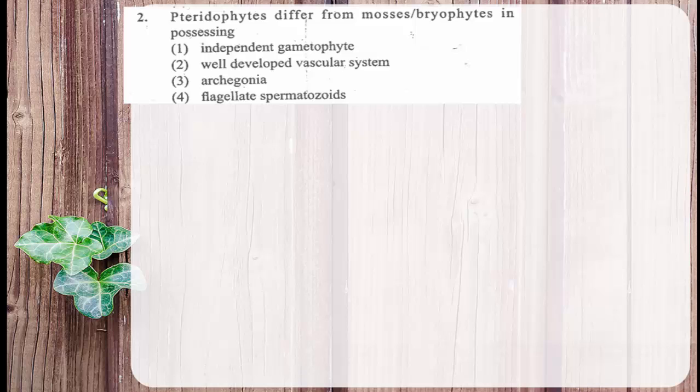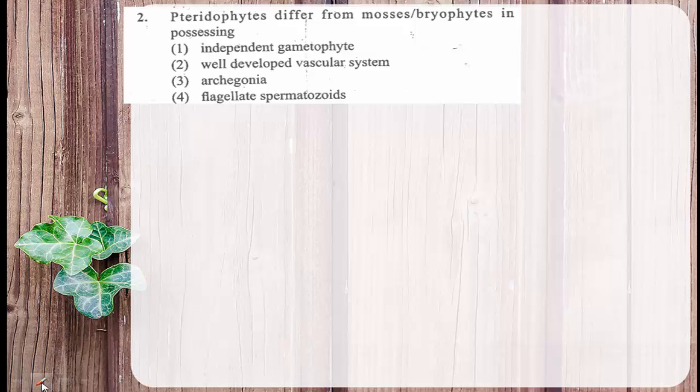See, the pteridophytes are characterized by the presence of vascular tissues. What is that vascular tissue? Xylem and phloem. Bryophytes are non-vascular plants. Bryophytes do not contain xylem and phloem, even though they grow on the land.